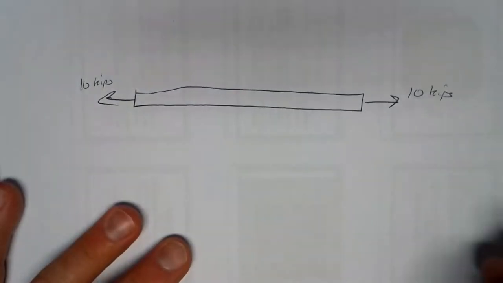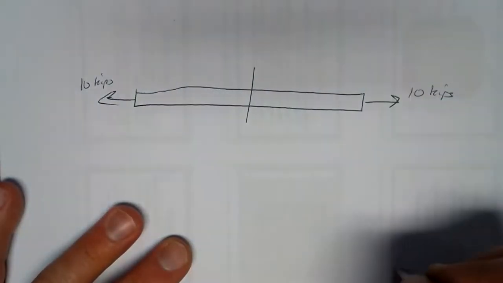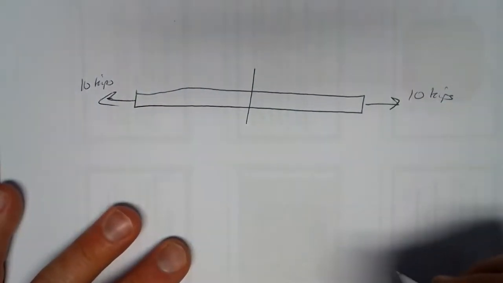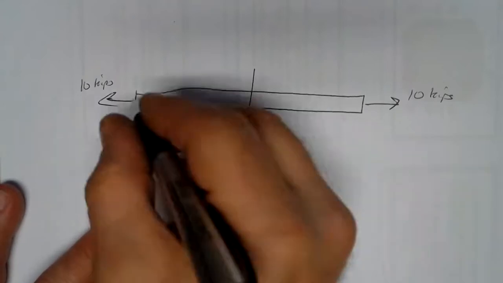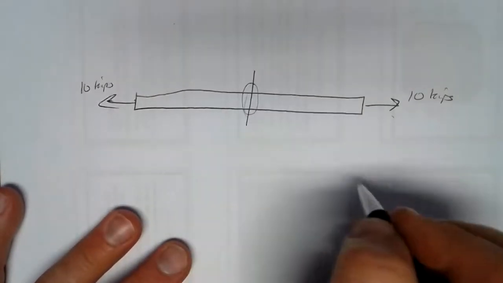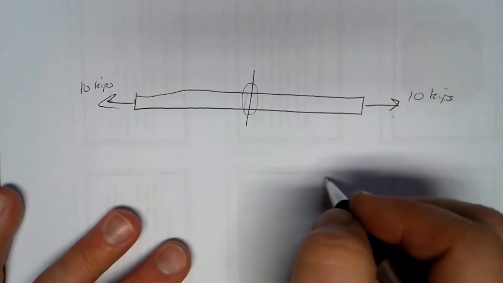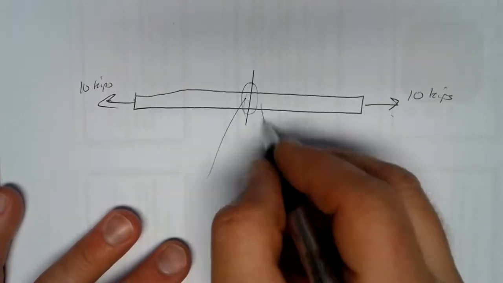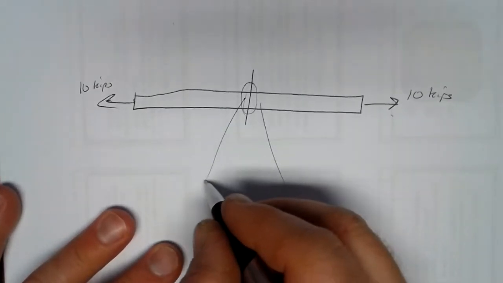Definitely in equilibrium. If we slice through that at some point nearby the middle of the beam, far away from the ends, and we zoomed in on the forces that were acting on that surface, so we zoom in on that cut.